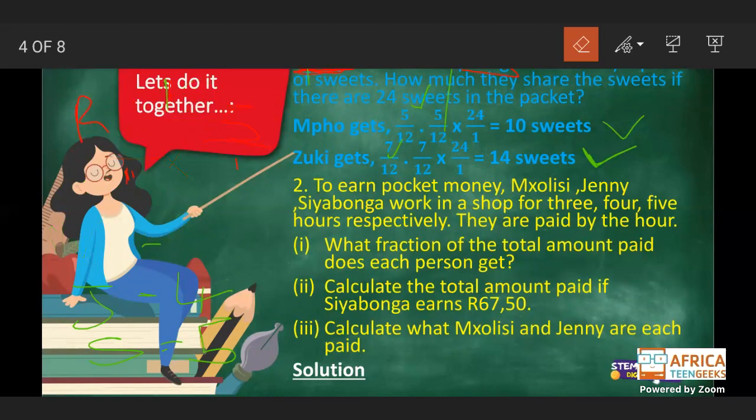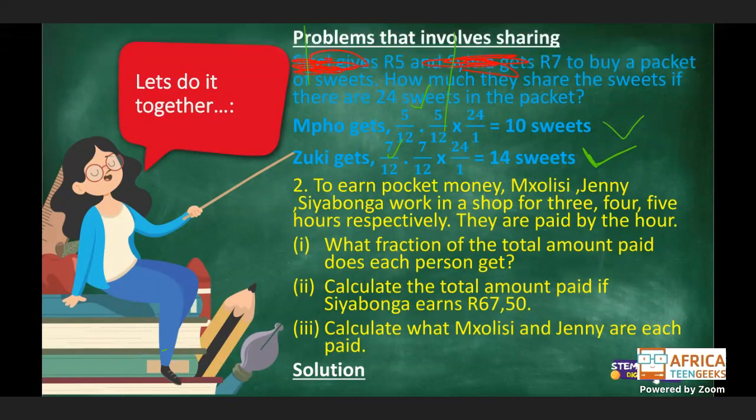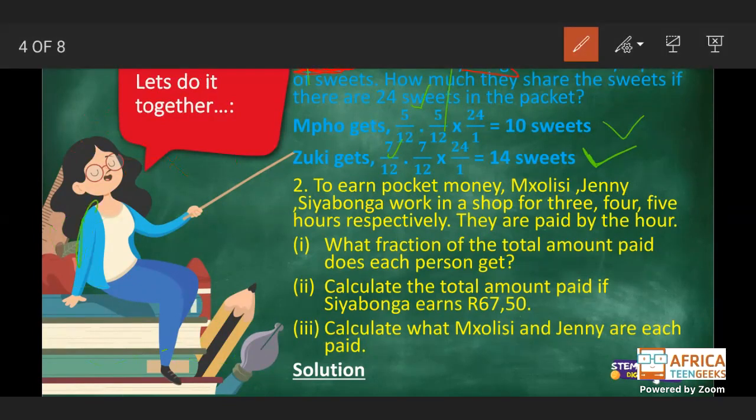Let's erase this so we can write it right here. Per hour, we'll most definitely say 67 rand 50 divided by 5 hours.